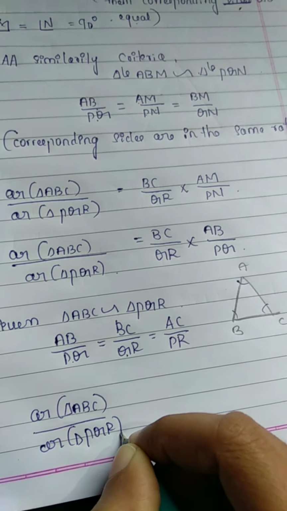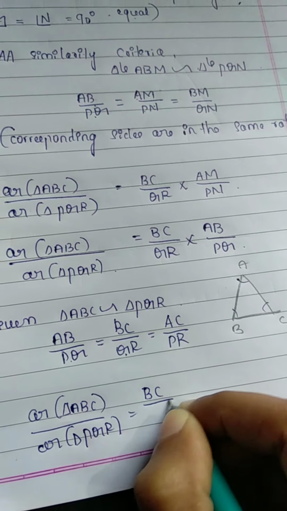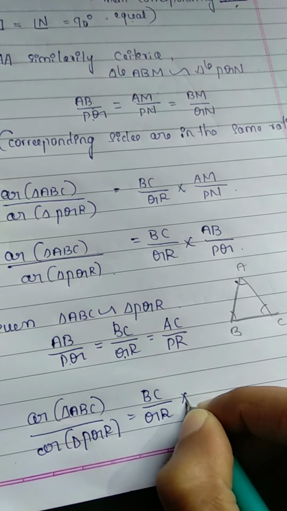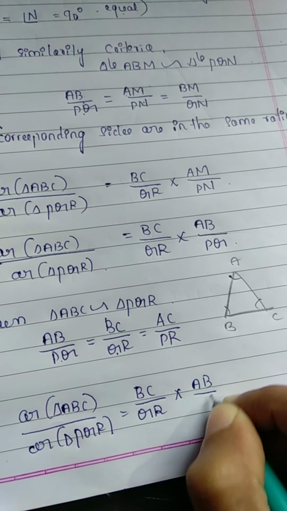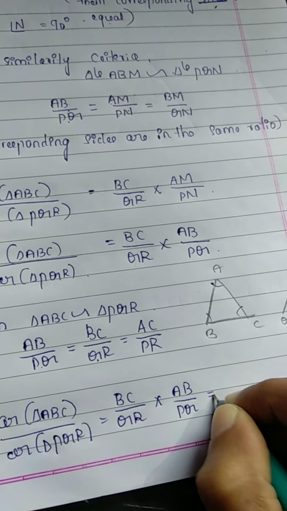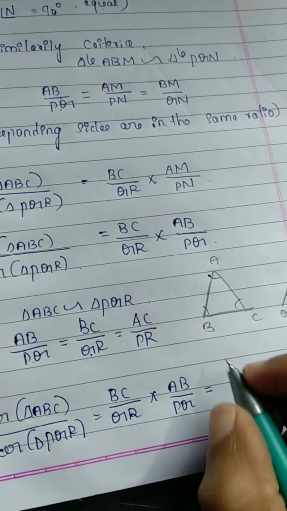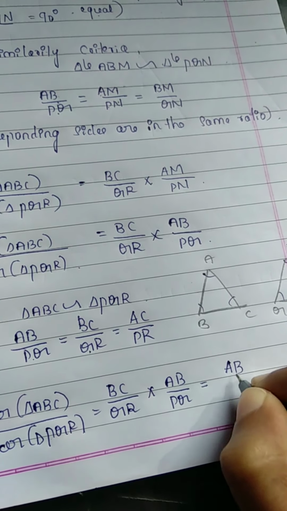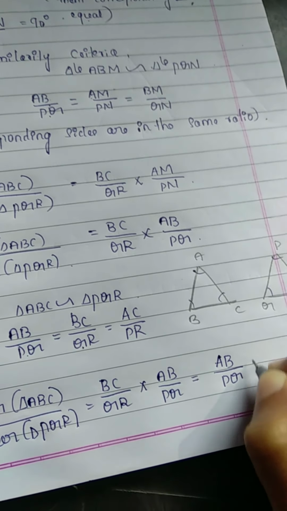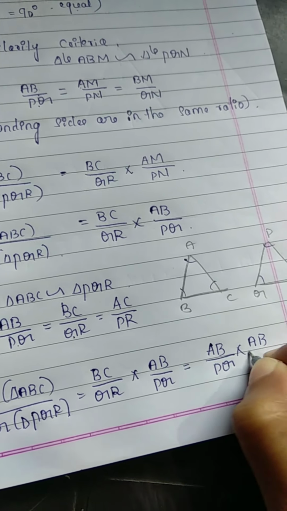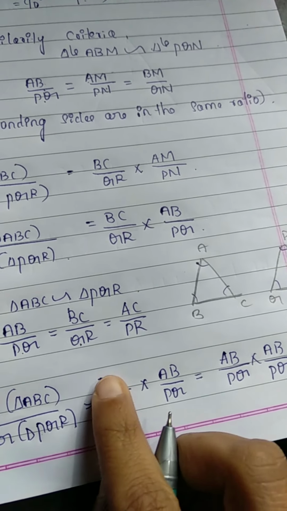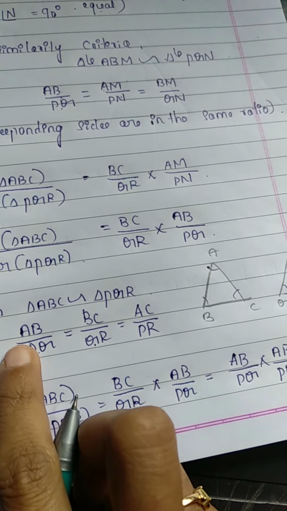So again we get area of triangle ABC by area of triangle PQR equals BC by QR into AB by PQ. But BC by QR equals AB by PQ, so I write AB by PQ into AB by PQ, replacing BC by QR by AB by PQ.